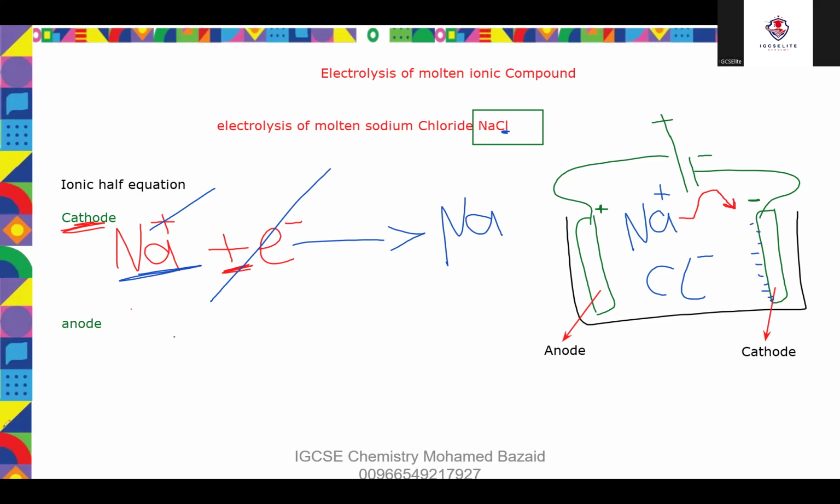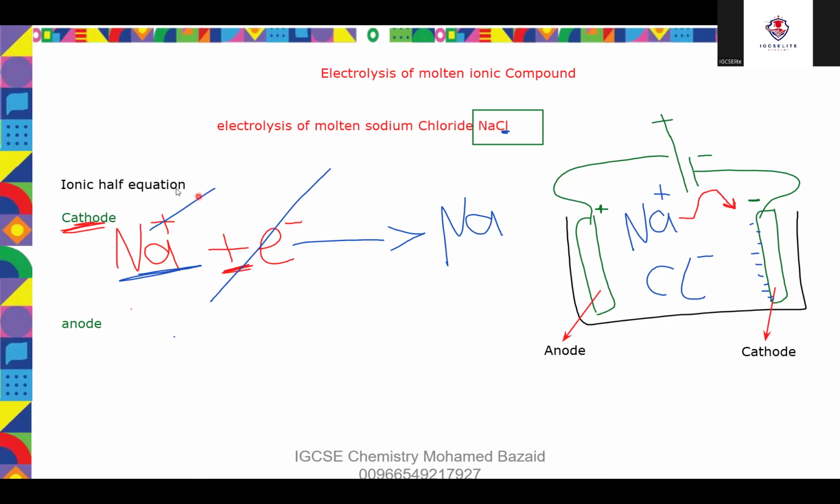Clear? So again, I have a negative electrode, which is cathode, and a positive electrode, which is anode. What are the ions you have? Na is a positive, Cl is a negative. Always the first one is positive and the second one is negative.